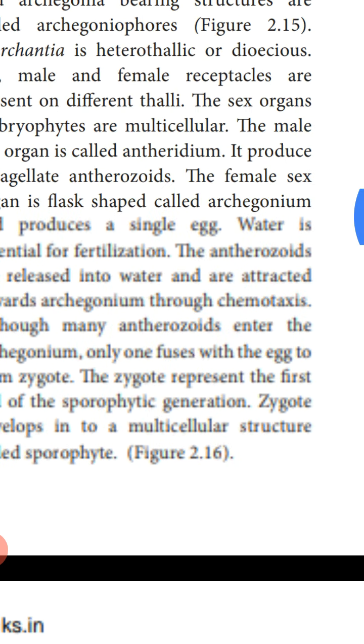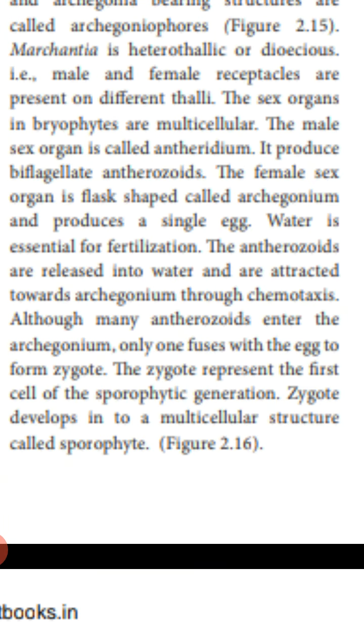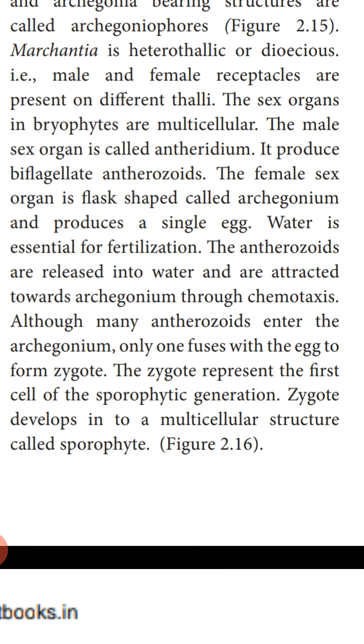As we have studied, for the completion of the life cycle in bryophytes they depend on water, because these antherozoids have to swim in the water and reach the neck of the archegonium. The antherozoids are released into the water and are attracted towards the archegonium through chemotaxis. So these antherozoids are released from the antheridium and they swim and float in the water.